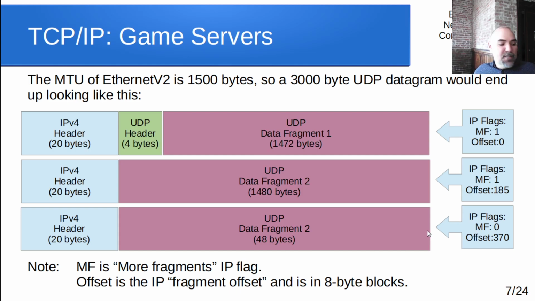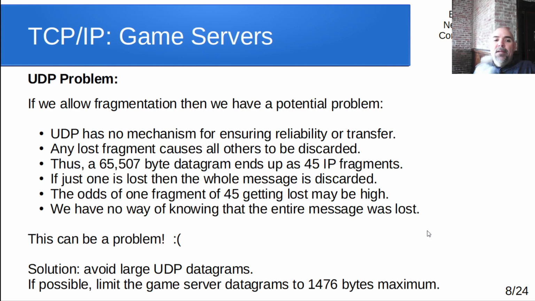But there is a problem with this, and that is if we allow fragmentation, then we have this potential problem. Since UDP has no mechanism for ensuring reliability, or transfer logic where if a fragment gets lost or dropped, it gets re-requested, essentially any lost fragment will cause every one of the other fragments to be discarded.